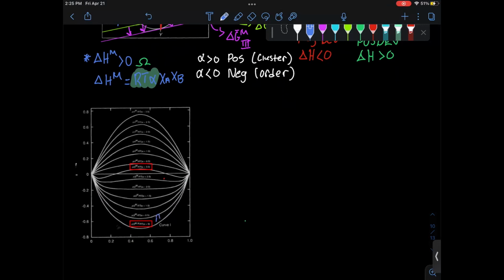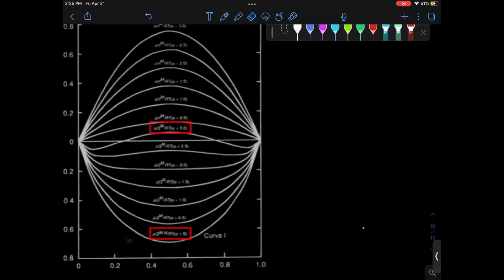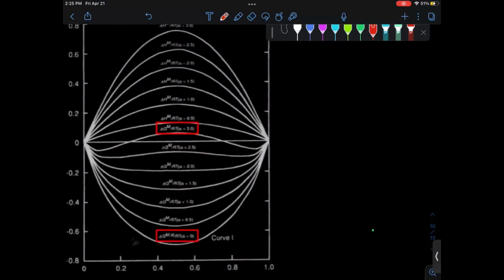As our alpha increases, the minimum decreases, and we start to gain these inflection points. At some alpha, which we call our critical alpha, in this case, it's equal to 3, we gain 2 major inflection points, which correspond to 2 new minimum points.